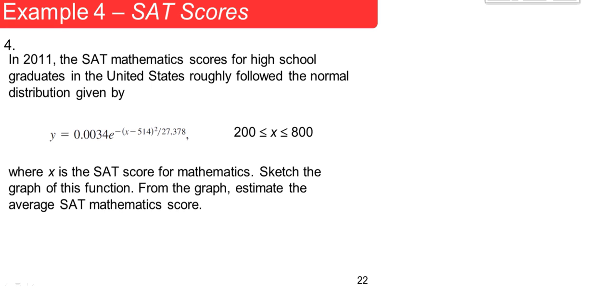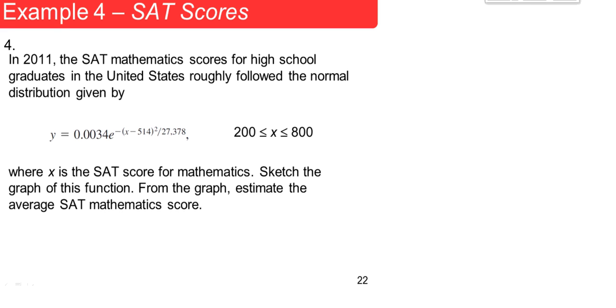Sketch the graph of the function, and from the graph estimate the average SAT mathematics score. I do have that for you in graphical form, so think about what is going to happen there.